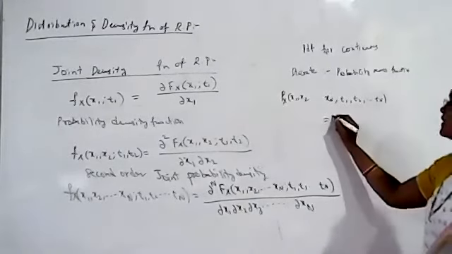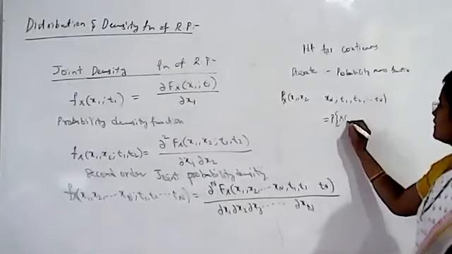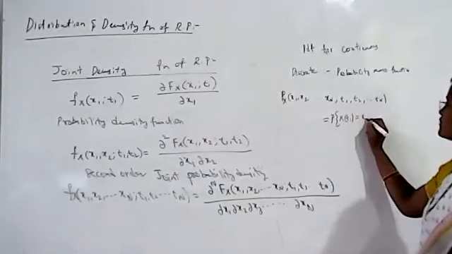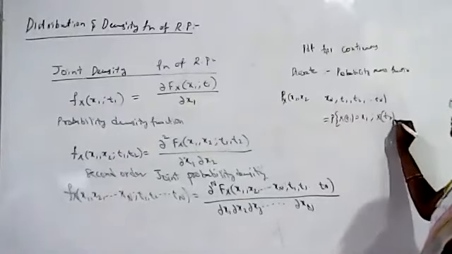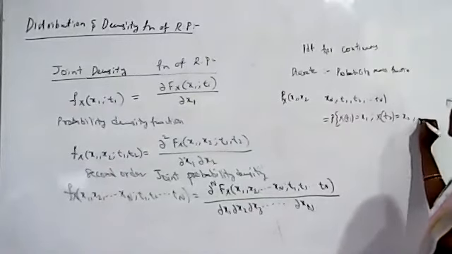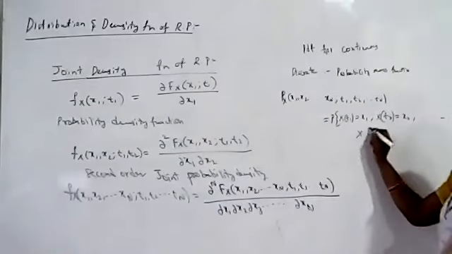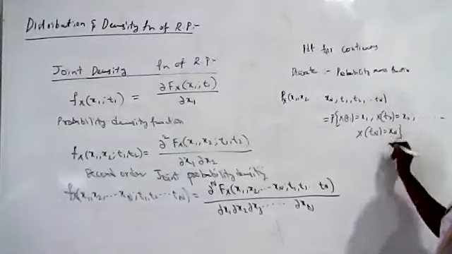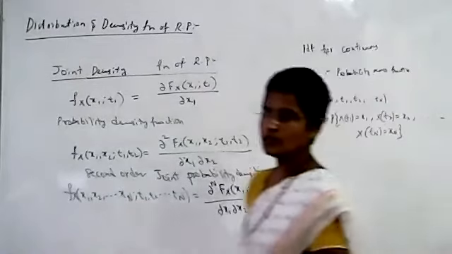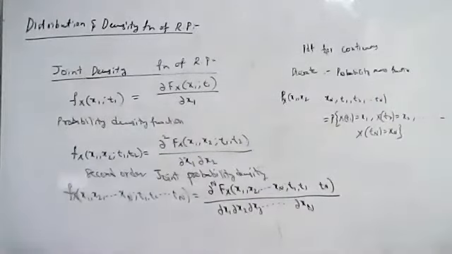It is the probability of getting x of t1 equal to x1, because we have to consider all n random variables here, and so on, the probability of getting x of tn equal to xn. So this probability mass function we'll have for discrete random variables, whereas probability density functions we'll have for continuous random variables.